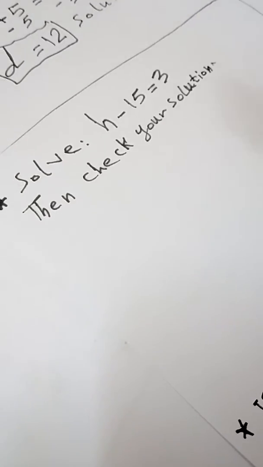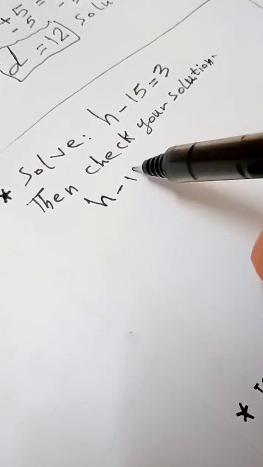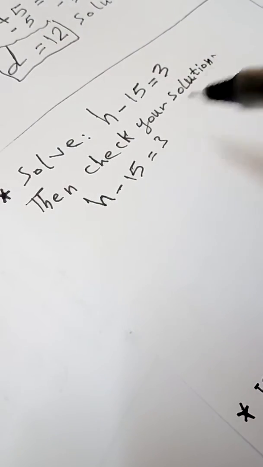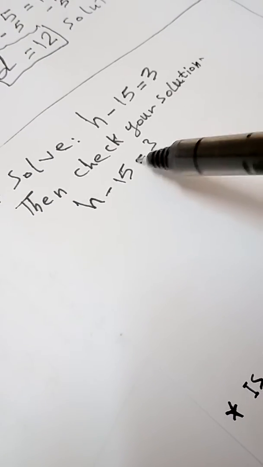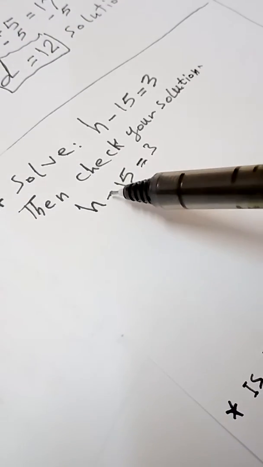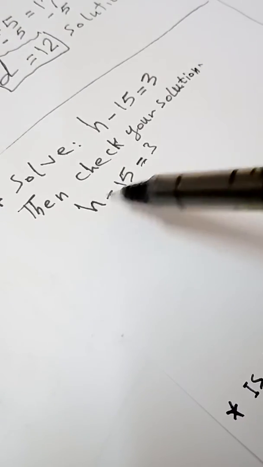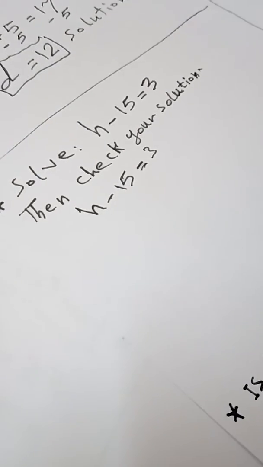The question here: solve h minus 15 equals 3, then check your solution. Okay, the first step, the equation here: h minus 15 equals 3. Always remember, you must make the variable alone on its side.